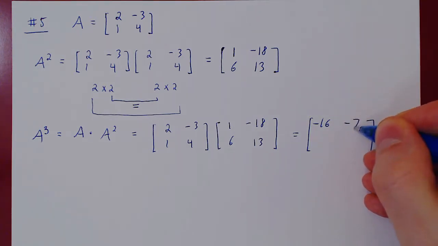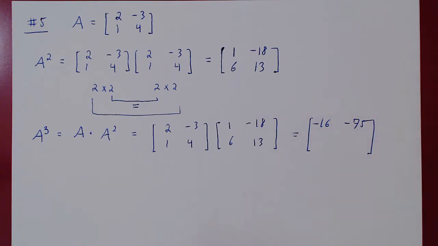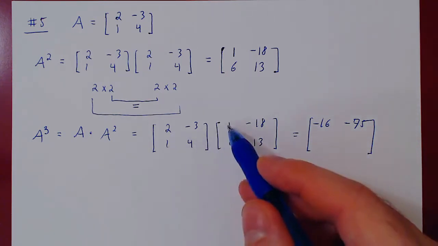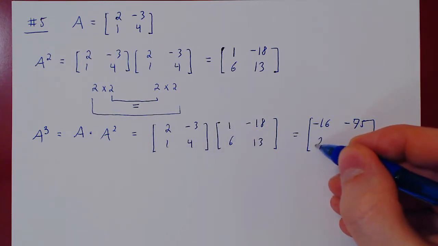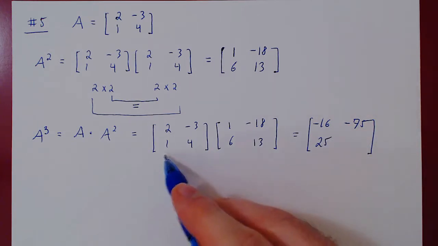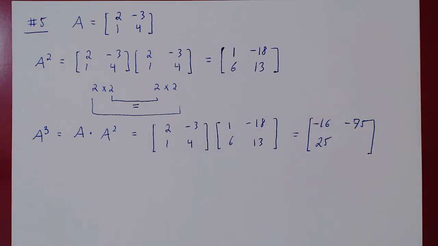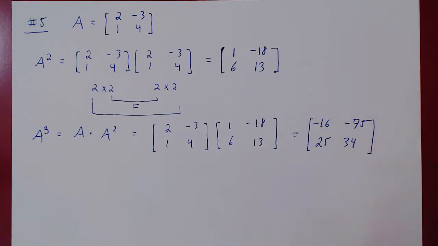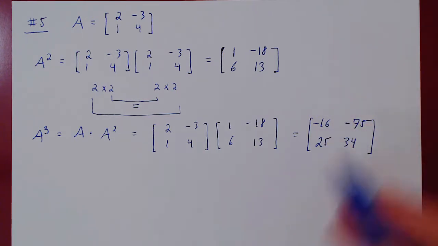Which gives us negative 75. Then, with the second row, 1 plus 24, 25. Negative 18 plus 4 times 13 is 52. Gives us positive 34. And so we have now A cubed.